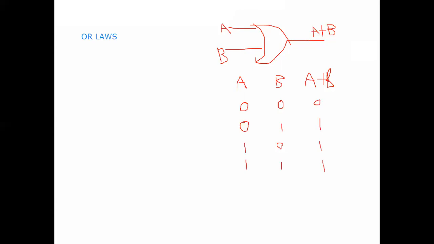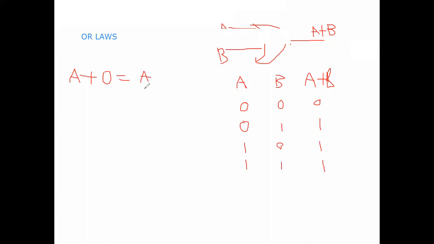So now what are the theorems here? What are the theorems belonging to the OR gate? The first one is A plus 0. What is A plus 0? This is known for us.